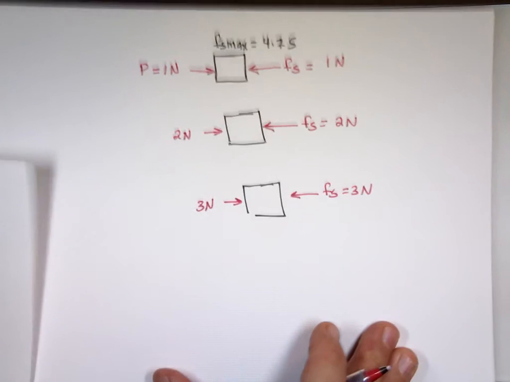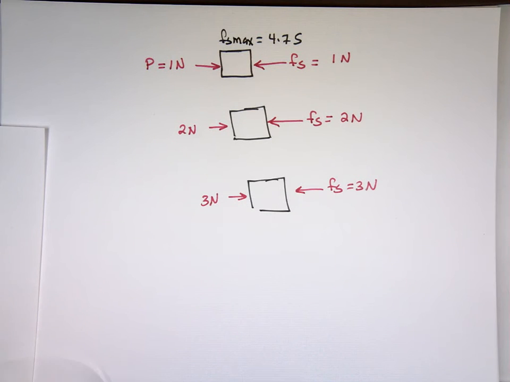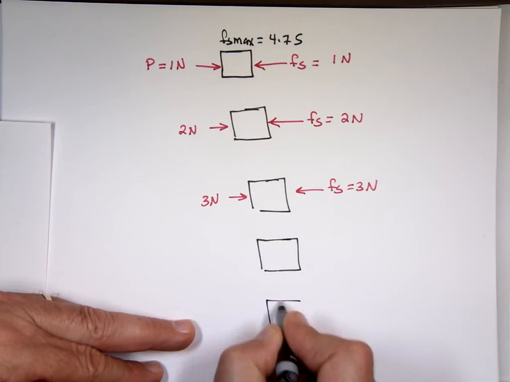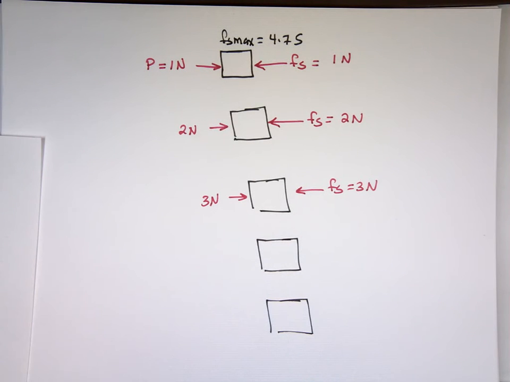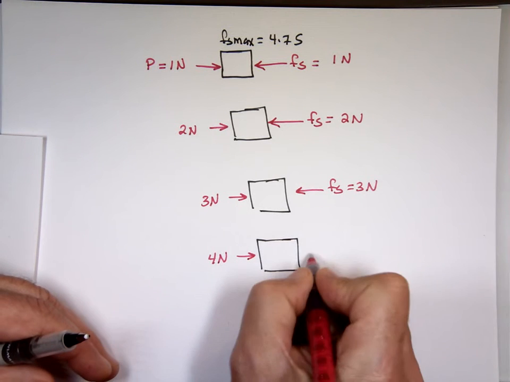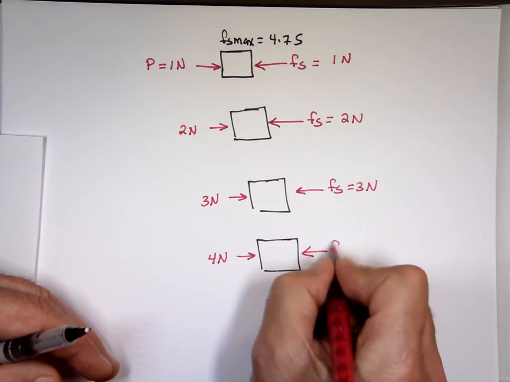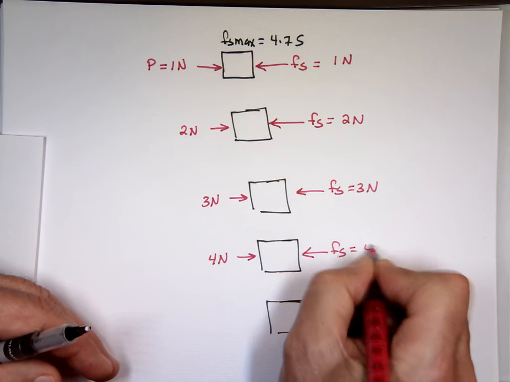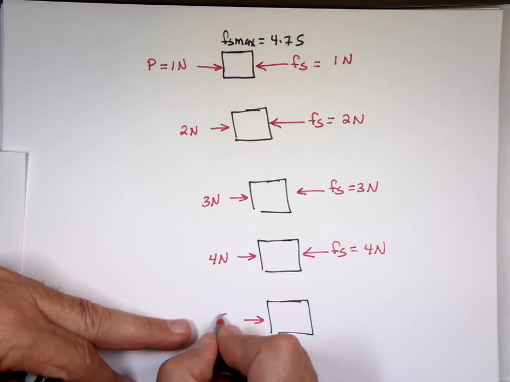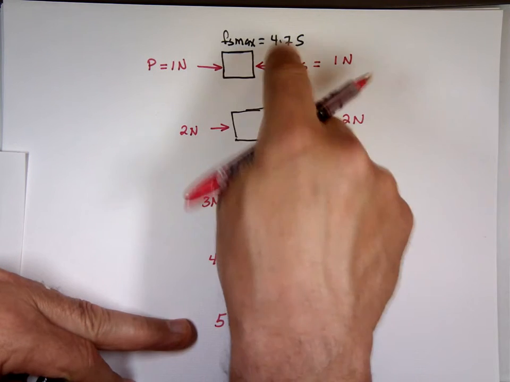If I push on it with 4 Newton, is the iPhone going to move? No. There's a static friction equal to 4 Newton. If I push on it with 5 Newton, notice this is larger than that. It will force it to move now. It will move.